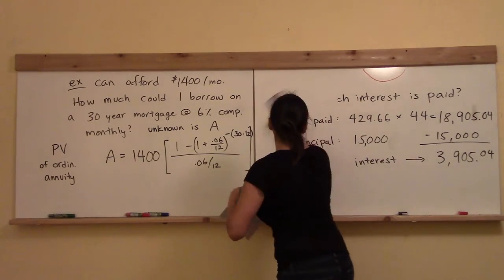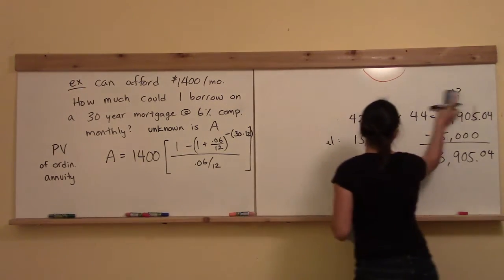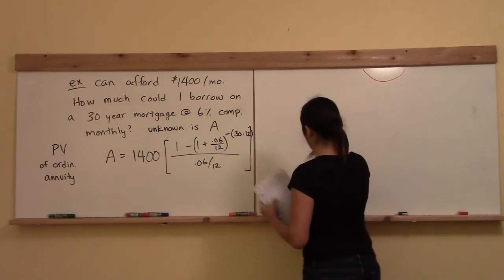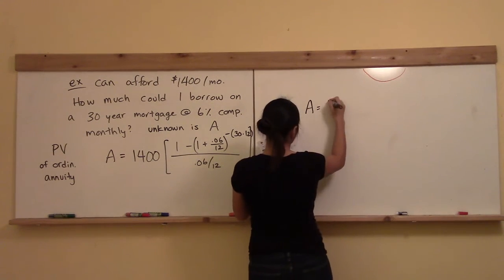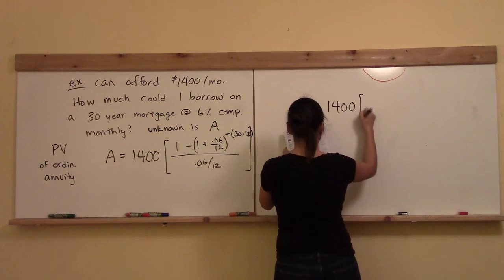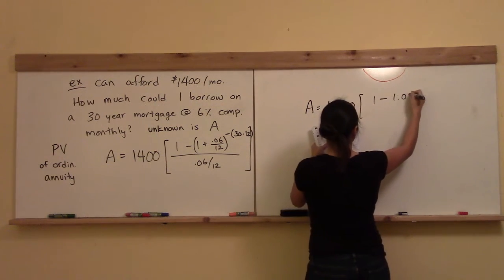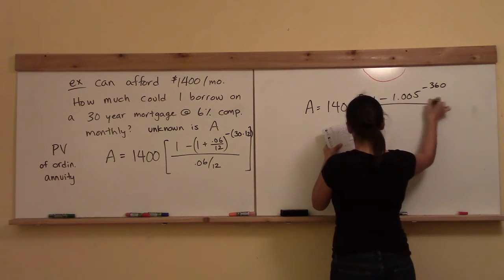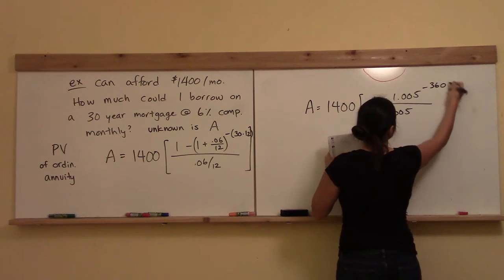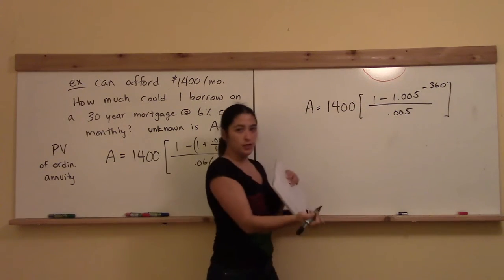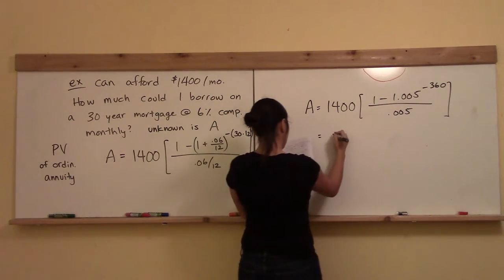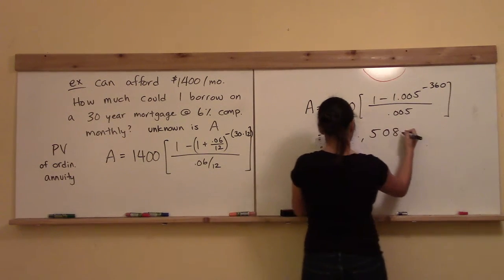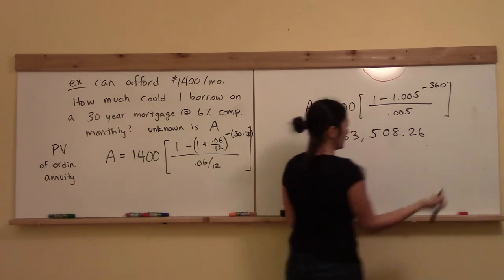And let me rewrite it on this board a little bit simplified where I've calculated the actual periodic interest rate and the actual N. So my lump sum that I can borrow, my principal amount, is equal to whatever comes out of this equation right here, 0.005. Okay? So then I'm just going to crunch through that, and I'm going to see that I have $233,508.26.